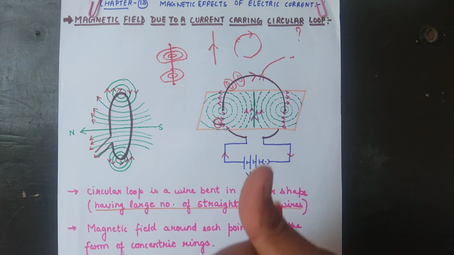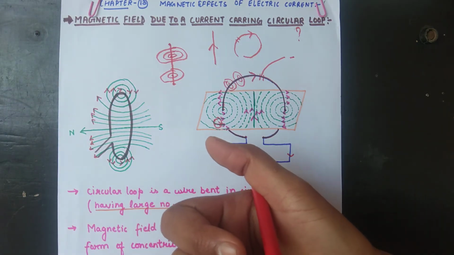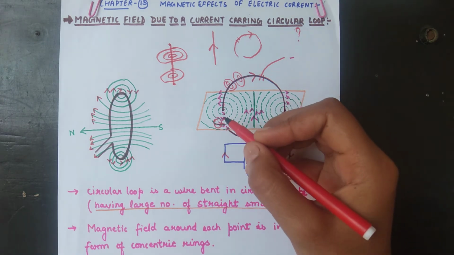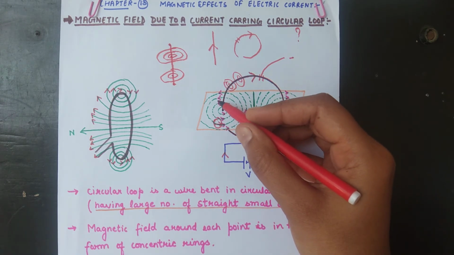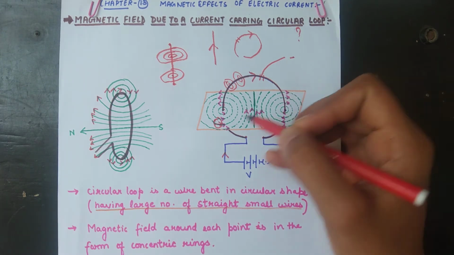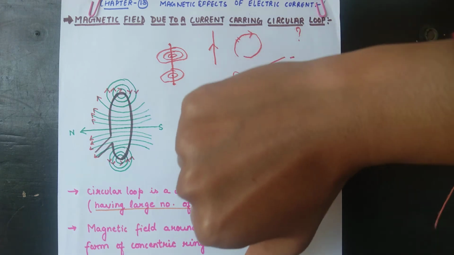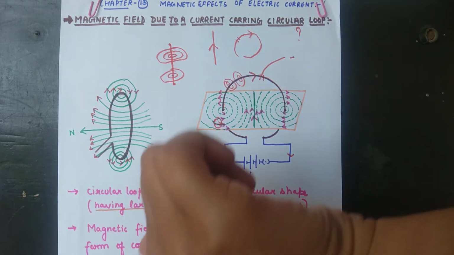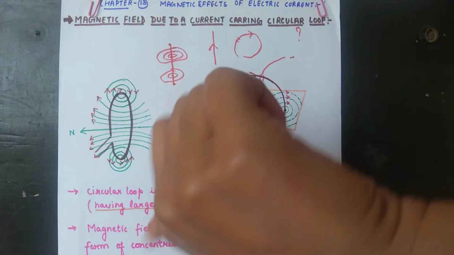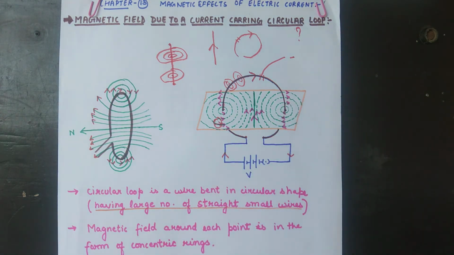When the current is moving upwards, the direction of the fingers is anti-clockwise, so the magnetic field is anti-clockwise. Here the current is moving downwards, so again we apply the right hand thumb rule. If the thumb is downwards, the fingers curl clockwise. That's why the magnetic field is in a clockwise pattern.